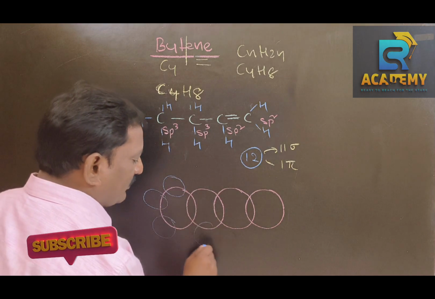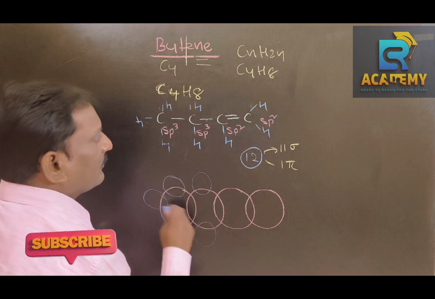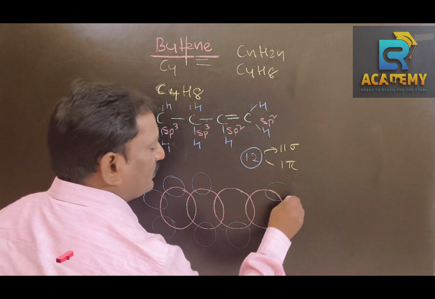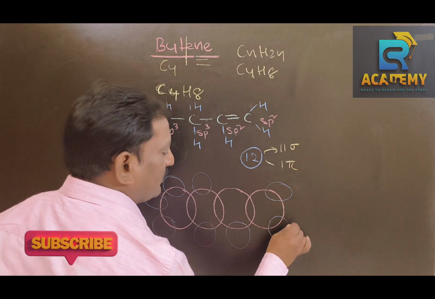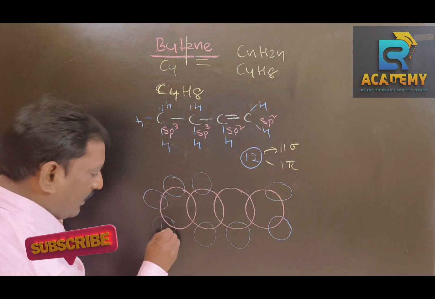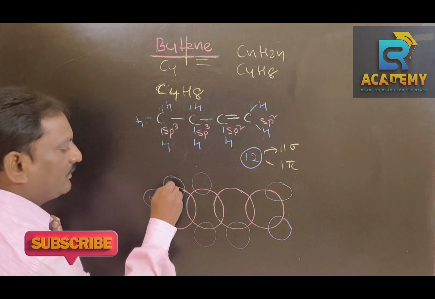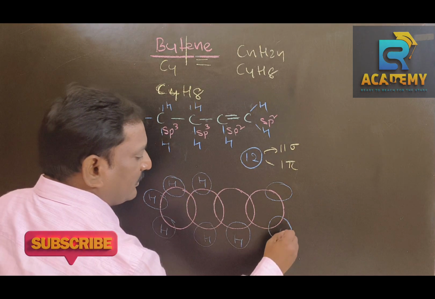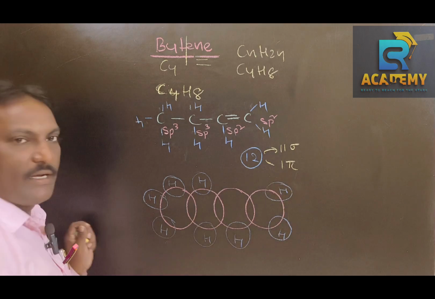This carbon, two hydrogen atoms. This one is only one hydrogen atom, and this one is with two hydrogen atoms. Hydrogen, hydrogen, hydrogen, hydrogen. Here it is with two hydrogen atoms.